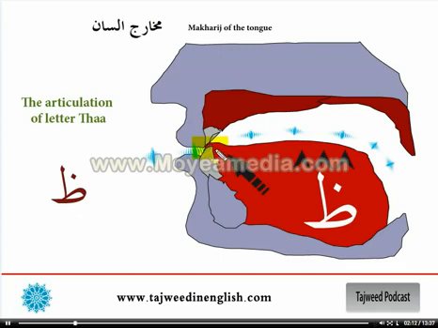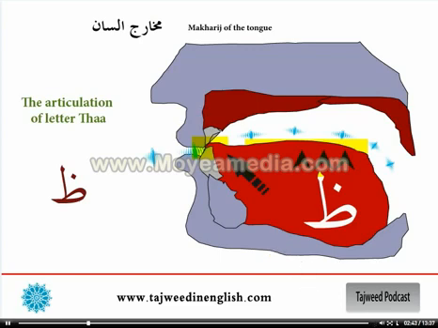And the rest would be the full mouth, which means that most or both parts of the tongue go up higher into the roof of the mouth when saying Dha. So pronouncing the letter Dha by taking the whole tongue out or swallowing the tongue inside will not bring the proper makhraj of the letter Dha.